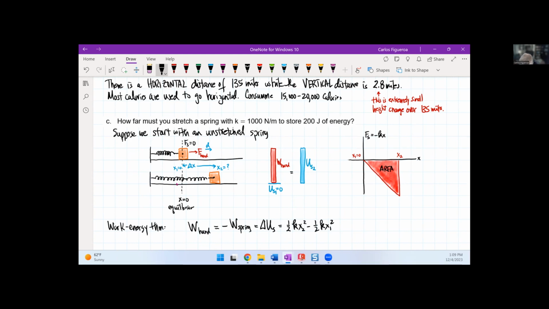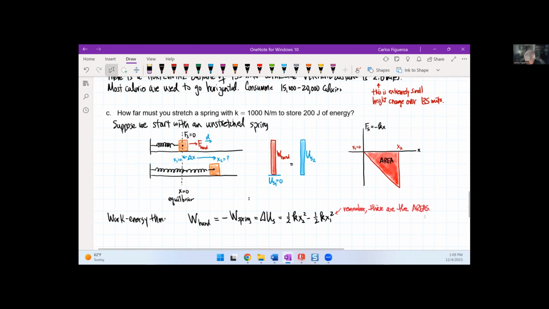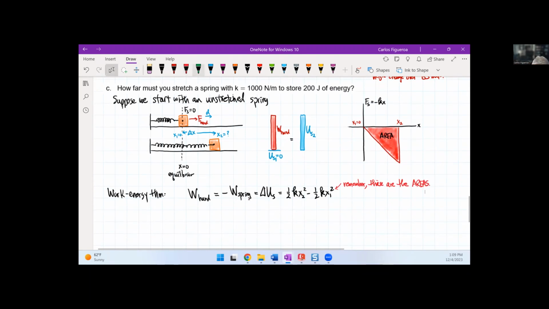And remember, that's the area of the triangles. Remember, these are the areas. We're calculating areas. So because x1 is 0, this whole term goes to 0.